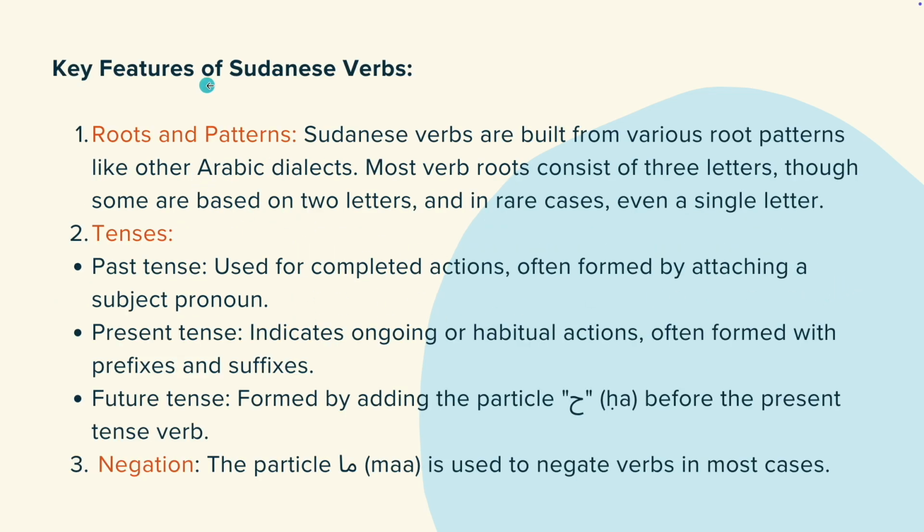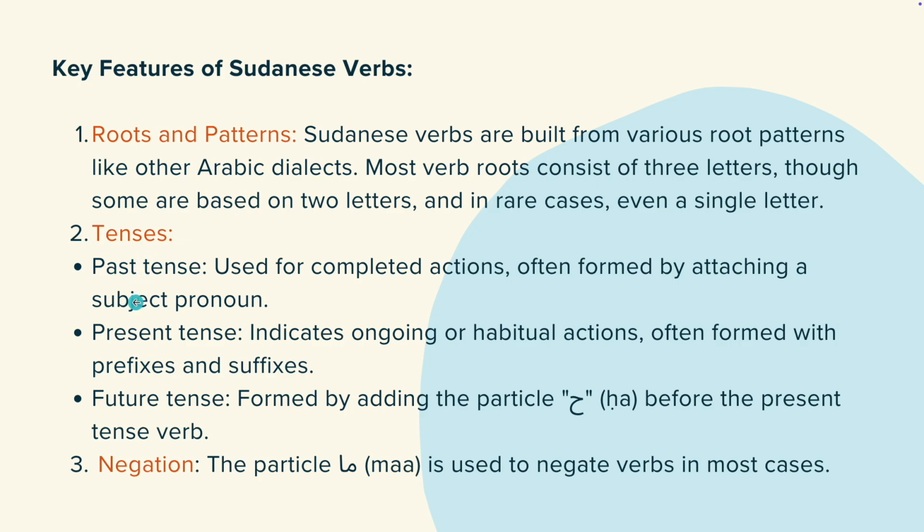Key features of Sudanese verbs are number one, roots and patterns. Sudanese verbs are built from various root patterns, like other Arabic dialects. Most verb roots consist of three letters, though some are based on two letters and in rare cases, even a single letter.